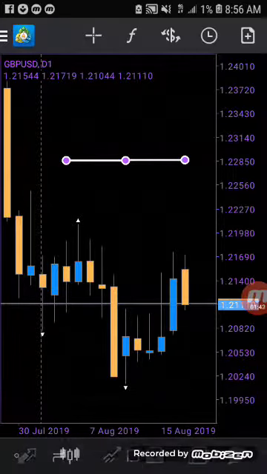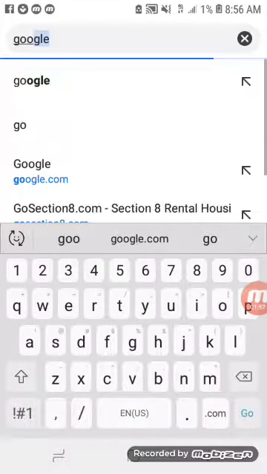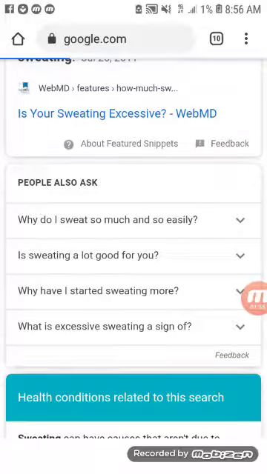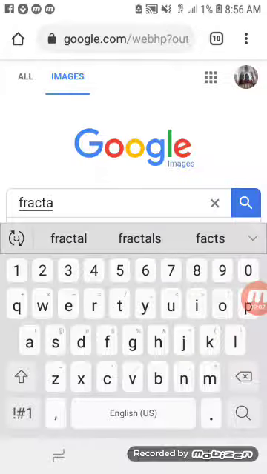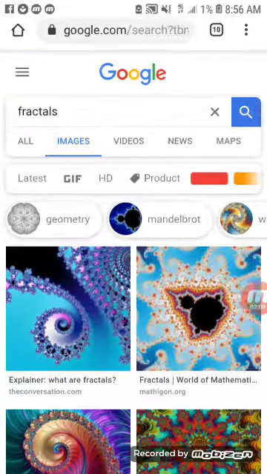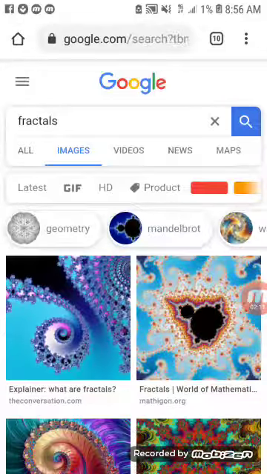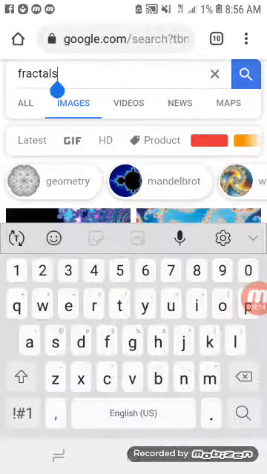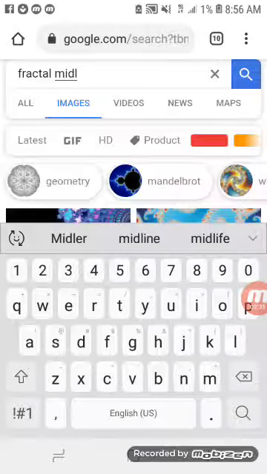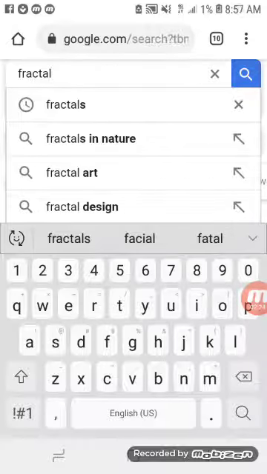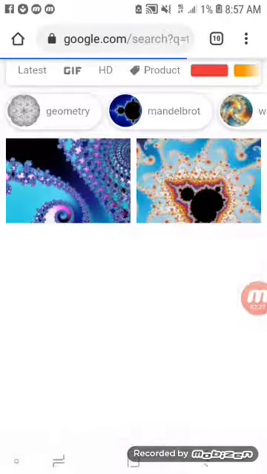Oh yeah, for those who don't know what a fractal is, a fractal is like the middle point of something.